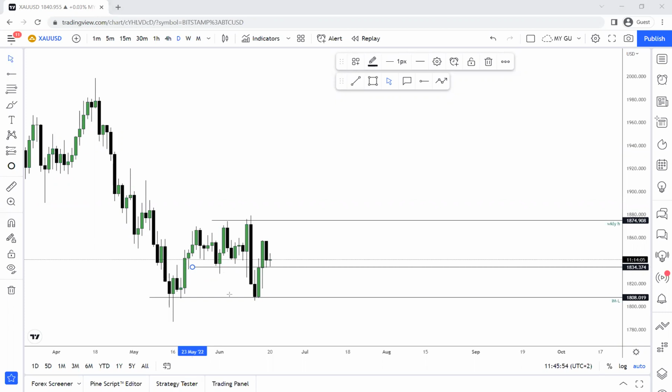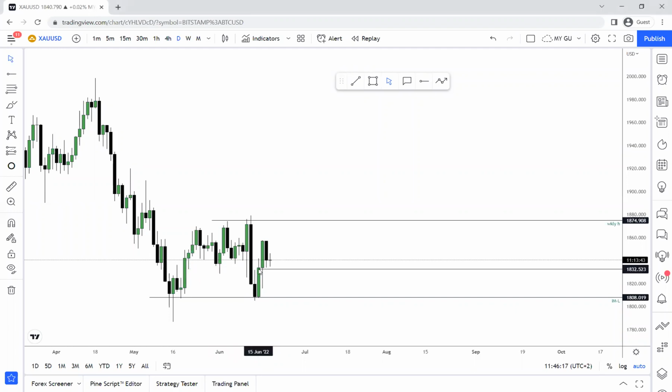However, price went on and broke below, and then it came back, it broke above, right? But at least when it went above, price tried and retested. So we can move our zone all the way and put it right here.